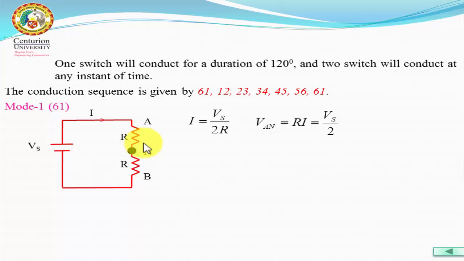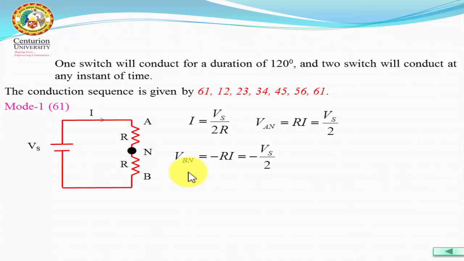We go from neutral to the phase. This is plus, this is minus. We are going from negative to positive, so it will be plus. So plus R into the current I. What is I? Vs by 2R. So R and R cancel, and we get Vs by 2.